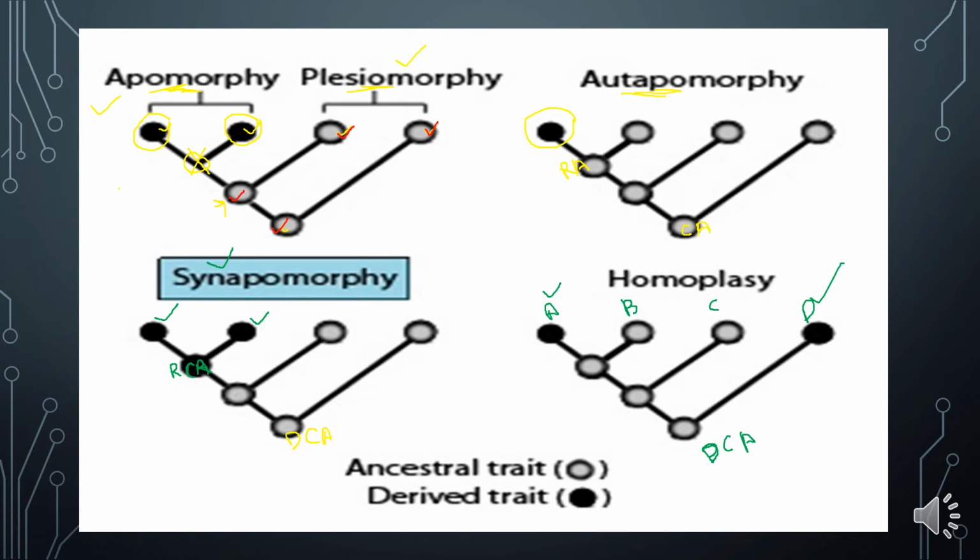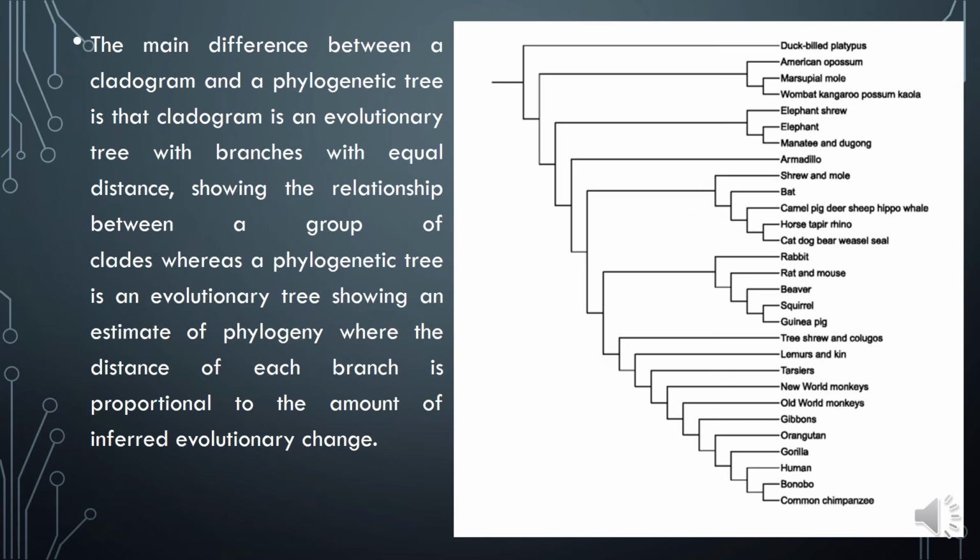They do not share a common ancestor, but they have individually, separately developed a certain derived character which is similar. This type of relationship is called homoplasy. So A is homoplastic with D.